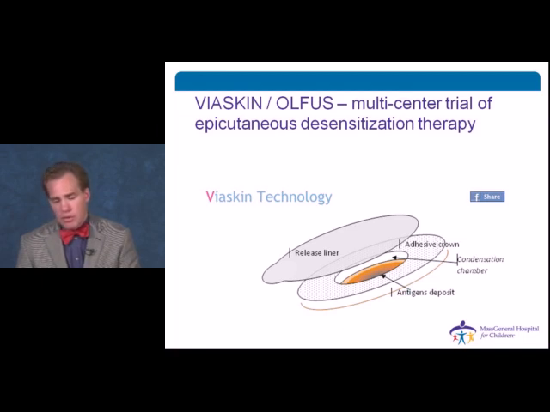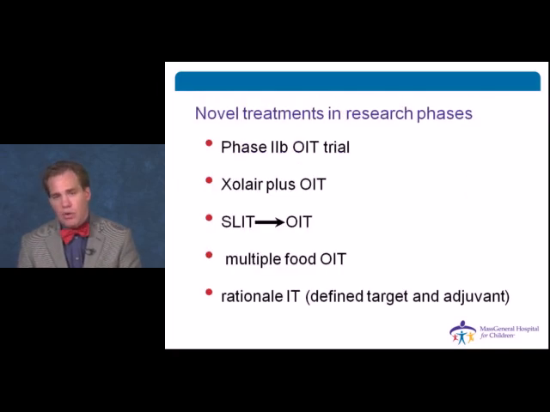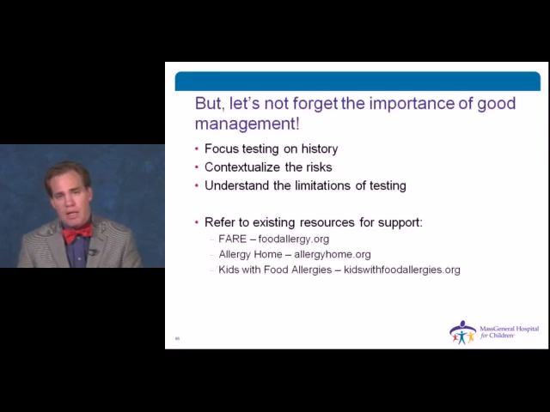However, it still remains to be seen whether that benefit will be persistent and whether it's high enough to prevent real-world exposure reactions. There are a number of novel treatments in various stages of research, including a large multi-center OIT trial, the combination of anti-IgE with oral immunotherapy, or transition from sublingual immunotherapy to oral immunotherapy, and others, but they remain really in research stages.